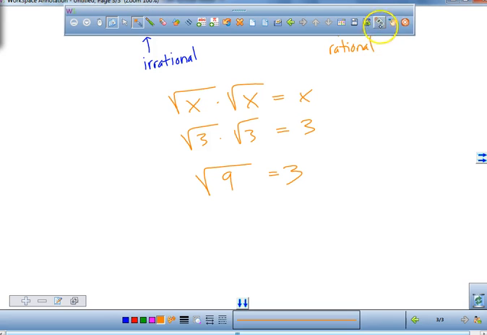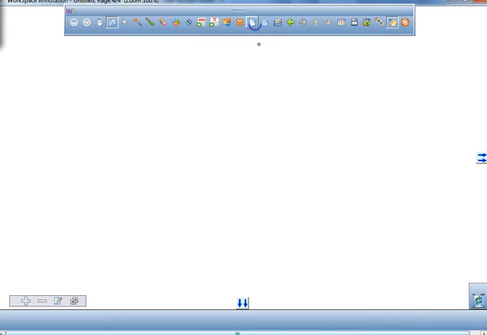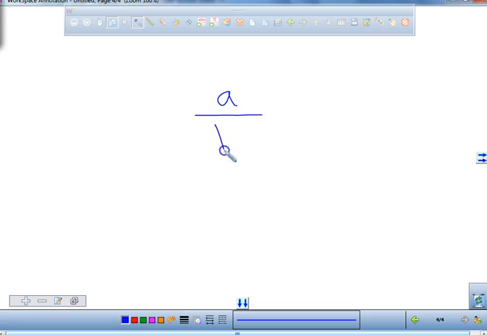Okay? Now, here's a shortcut. You do it long enough, you see a pattern. So if I say, what is a divided by the square root of 7? Any number divided by the square root of 7 will always equal a times radical 7 over 7.